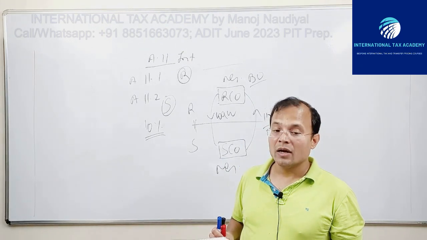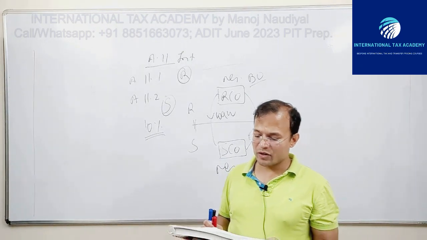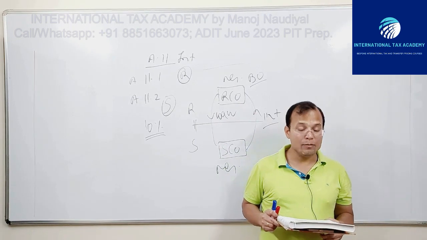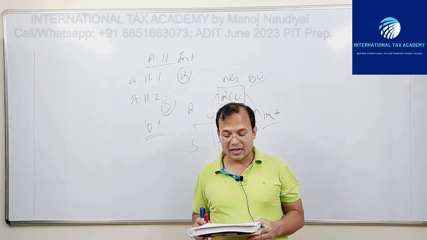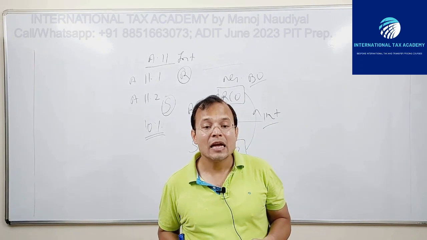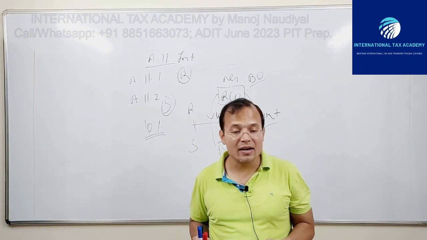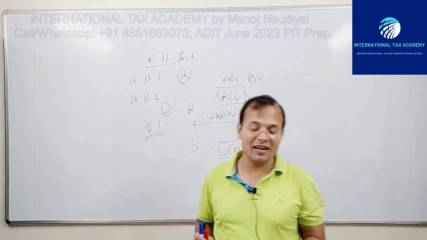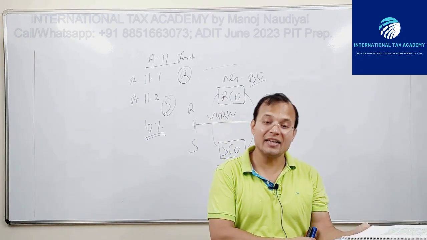The competent authorities of the contracting states shall by mutual agreement settle the mode of application of this limitation. Mutual agreement, remember, MAP. All of you have done mutual agreement procedure under Article 25 in TP.